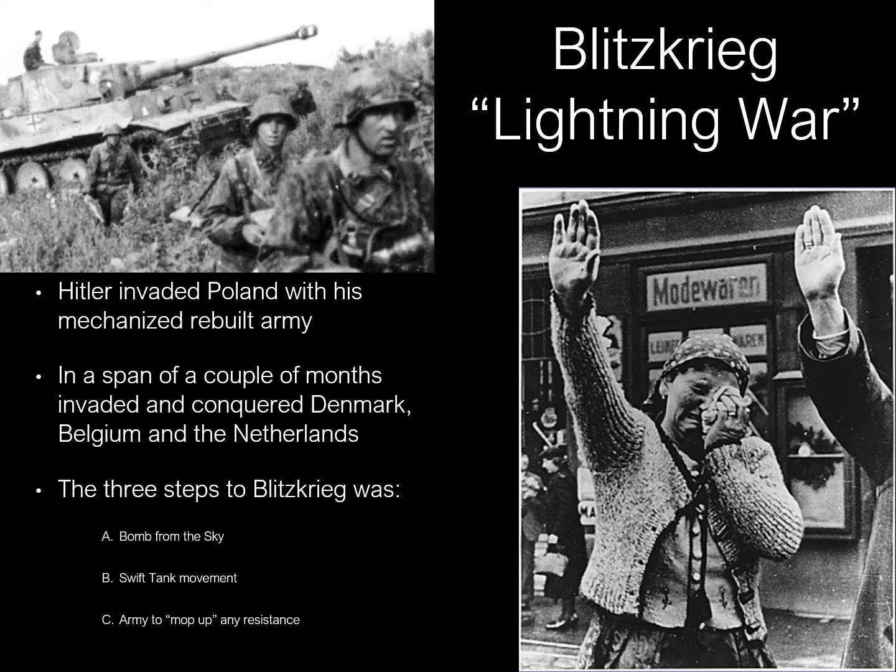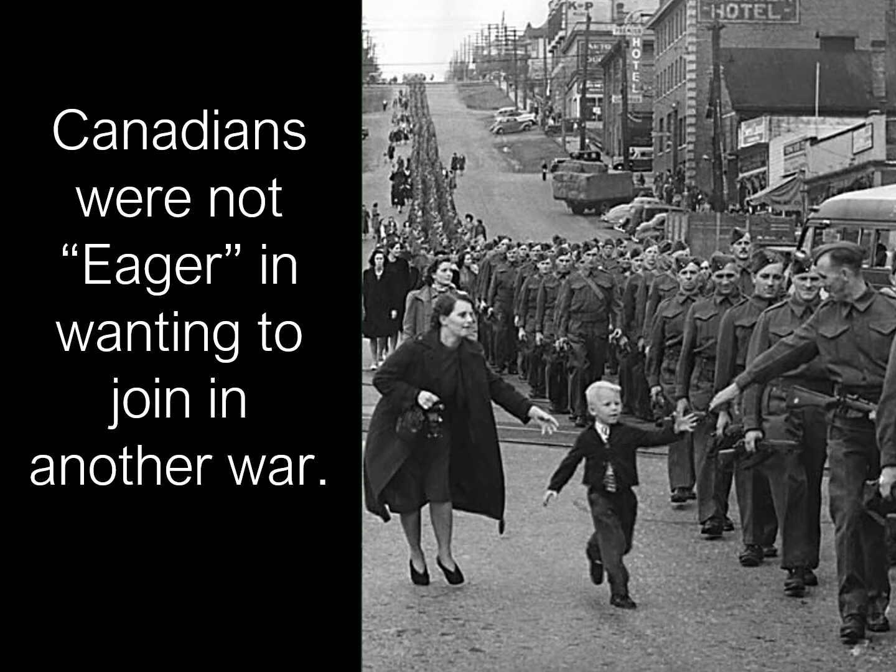This was so effective, the mechanized swiftness of the war, that in the span of a couple months, Denmark, Belgium, and the Netherlands all fell to the Nazi Blitzkrieg. And the French fell into the Nazi trap, which eventually led to the fall of France.